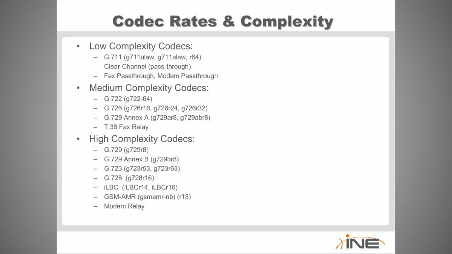Okay, so let's continue. So low complexity codecs, as we looked at, are those such as G711, Clear Channel, which we'll talk a little more about tomorrow.